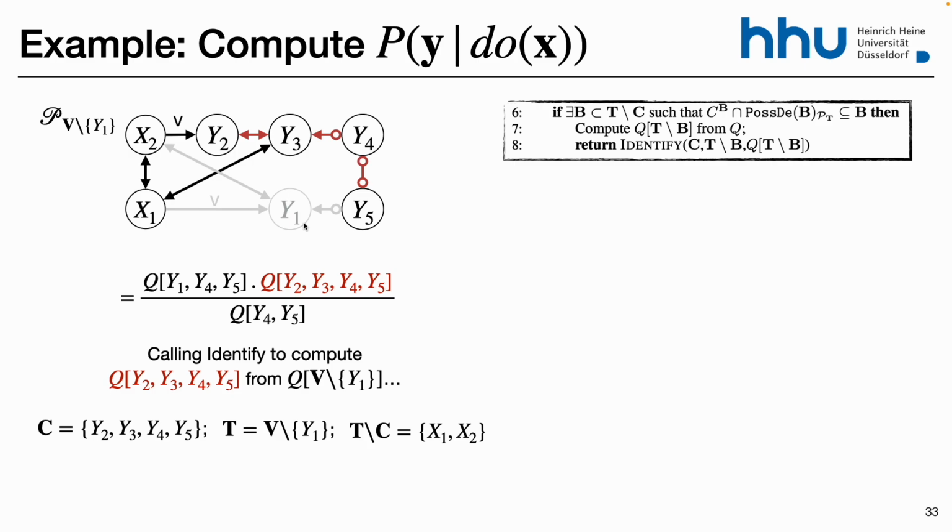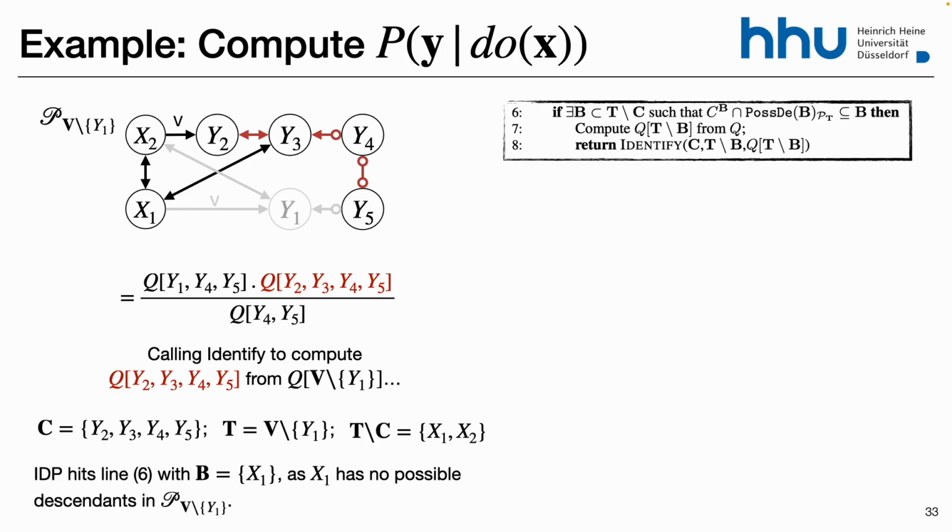And I guess you kind of know that it is now because I removed the descendant. So x2 is still invalid and doesn't satisfy the condition, but now x1 doesn't have a possible descendant in this graph. So it's going to satisfy the condition.